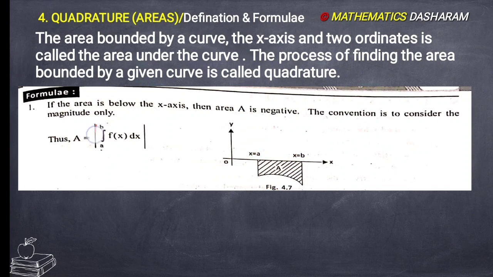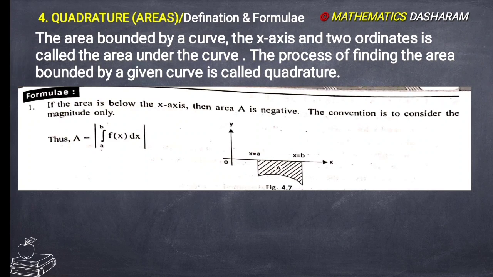That is why we are using the modulus symbol. And how do we find this area? Integration from a to b, where a to b are the ordinates, of f of x dx. Here f of x is the function, the curve will be given in the question. So this is the formula to find the area of a quadrature.